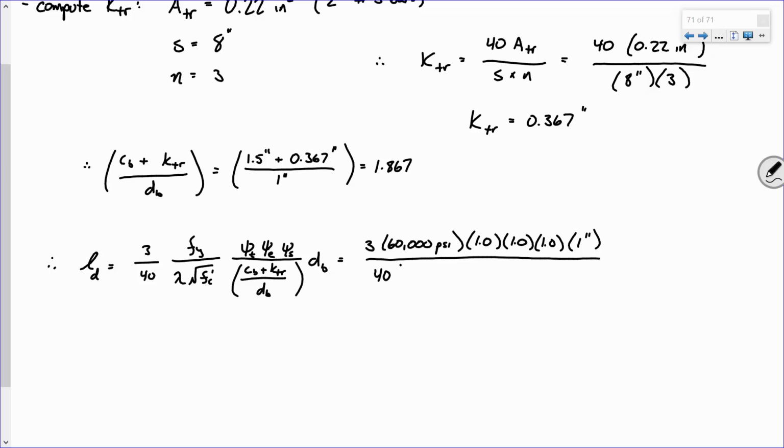So 40 times what's lambda? 1. And then we have the square root of, is this 3 or 4? 3,000.